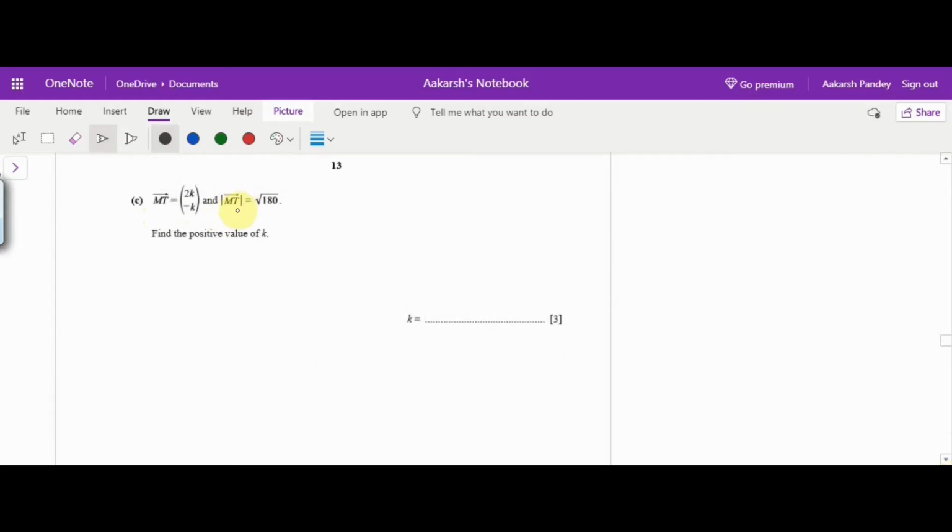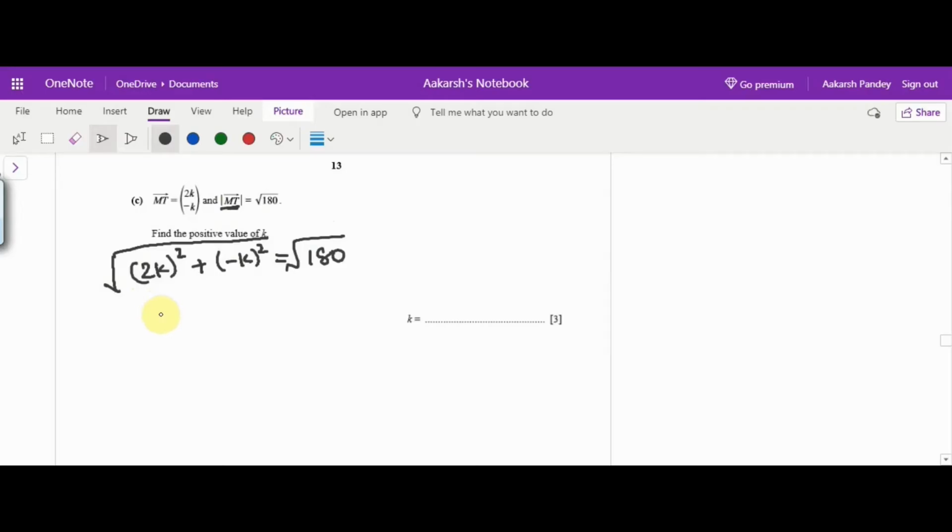The value of MT is square root of 180. To find the value of a determinant like this, all you need to do is square the elements and add them, equal to 180, because there is actually a root sign. This is the value of MT. So I also have square root of 180.